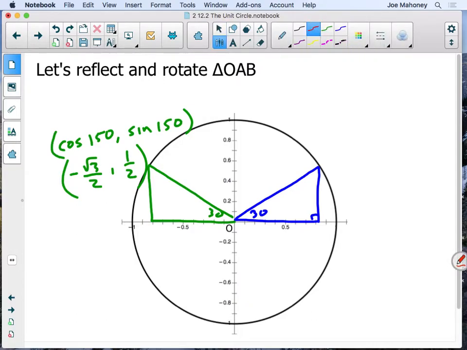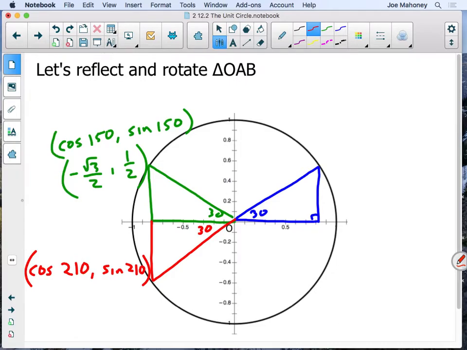Let's keep going. Let's rotate that blue triangle 180 degrees. So now it's looking something like that. So notice now we've gone 180 degrees plus another 30 degrees. So this point is the point cosine of 210, sine of 210.